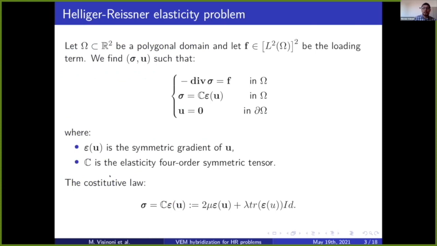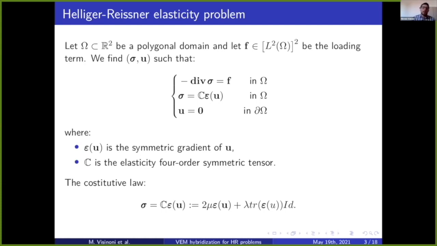So the problem is the following, which we have already seen this morning. We study an elasticity problem. We want to study the behavior, the deformation, and the stress of an elastic body, in this case omega, under the influence of applied forces F. In our case, we consider the elasticity formulation, which means that we are looking for two variables, sigma, the stress, and U, the displacement, such that they verify the equilibrium equation and constitutive law.